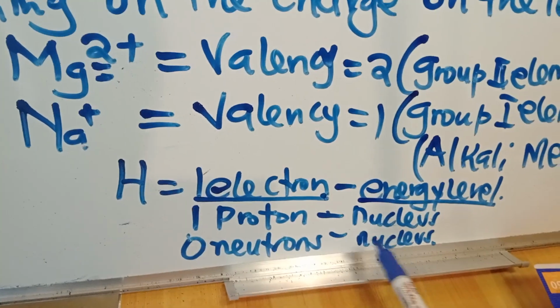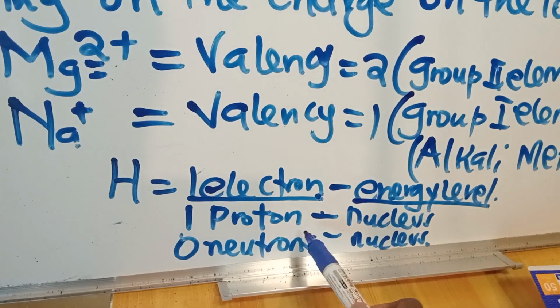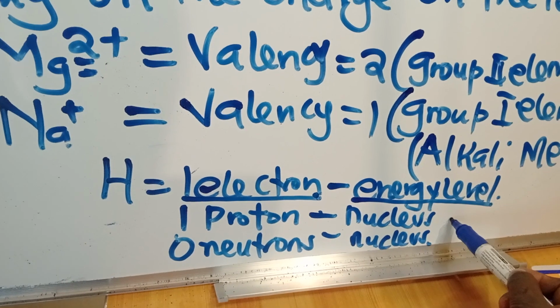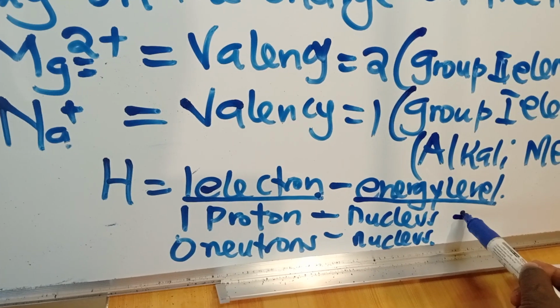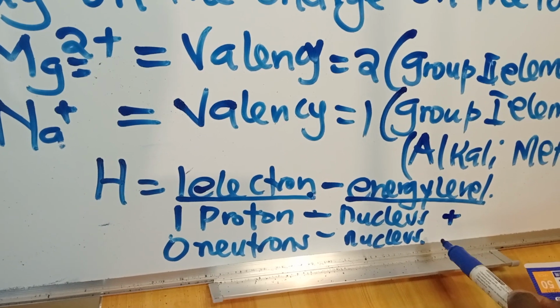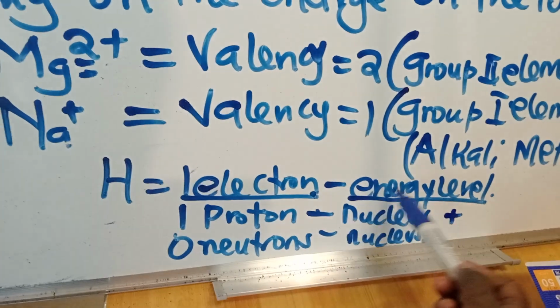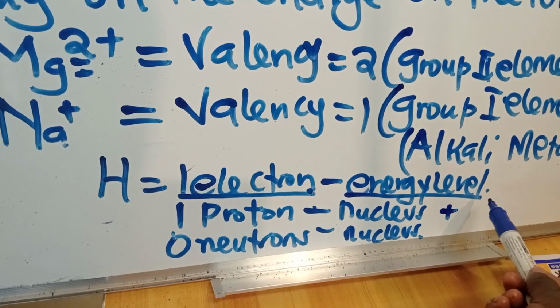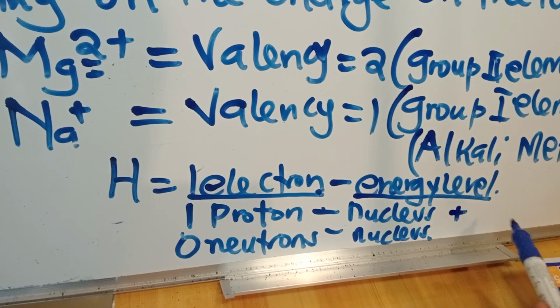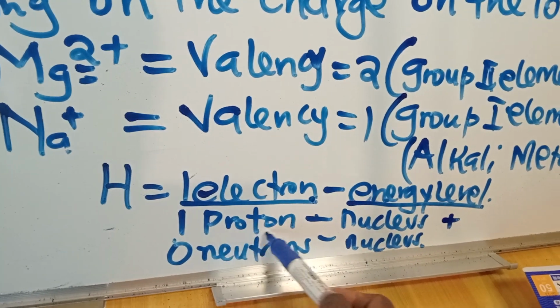And in the nucleus, we only have one proton. And the protons are usually shown with a positive charge. So it does not have electrons anymore because it has already lost it, like the group 1 elements. And so it will be left with only one proton.